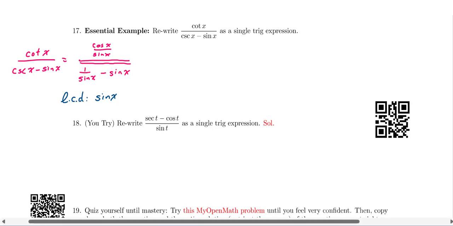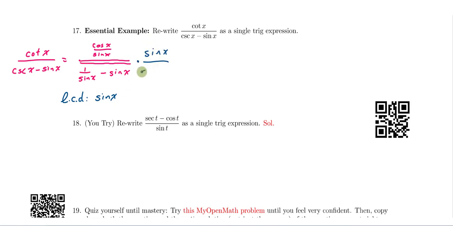So we've now identified that LCD of the minor fractions, so let's multiply by that LCD over itself, that convenient 1 here. And you see that this strategy works almost regardless of what these complex fractions are composed of. And so now I'll go ahead and distribute the LCD into the original fraction.